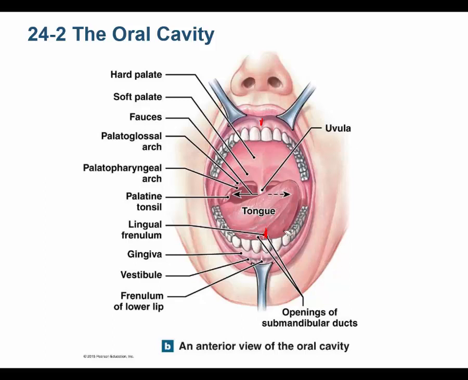Because some people have a pronounced lingual frenulum, and when the lingual frenulum is very pronounced, they are said to be tongue-tied, because they can't move their tongue very much. You can snip the frenulum and fix being tongue-tied.